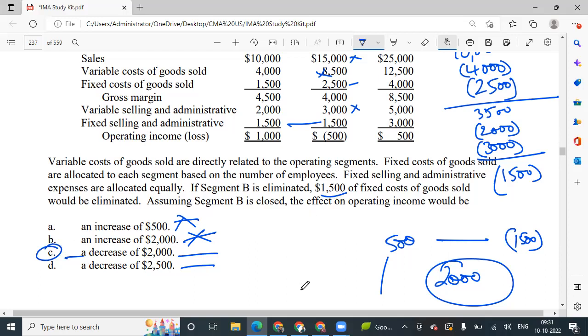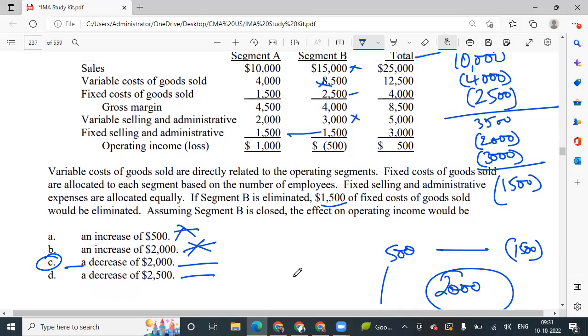Where we can go wrong is if we just say what our new loss is. This 1,500 is going to be eliminated, remaining with 1,000 here, and 1,500 here is also going to be there, which is 1,000 plus 1,500.